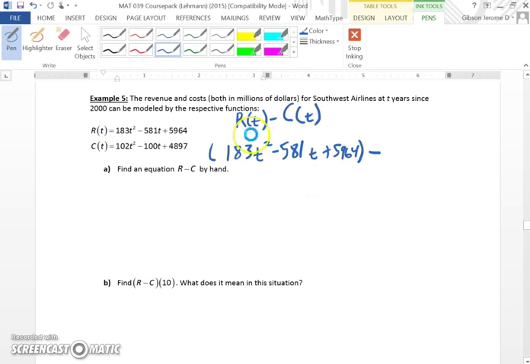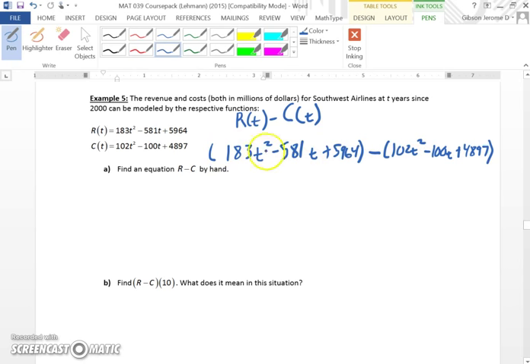And then that'll be minus C of t, which would be 102t squared minus 100t, and then that'll be plus 4,897. Now, just like we did in the previous problem from the previous page, there's nothing here that can be combined inside the parentheses, no exponents on the outside, and no numbers multiplying on the outside of these parentheses.